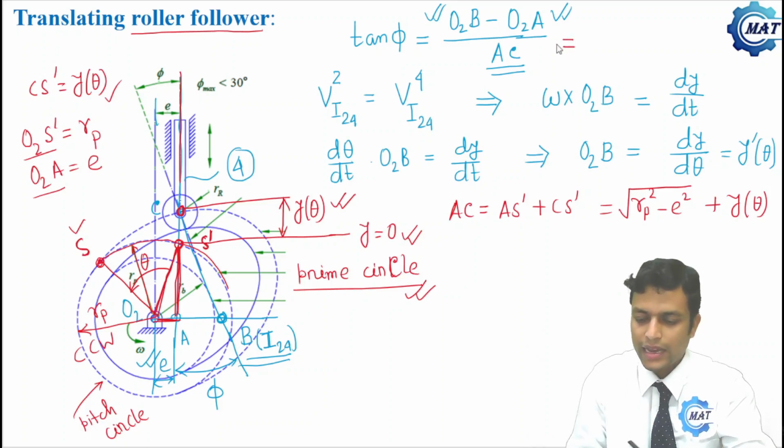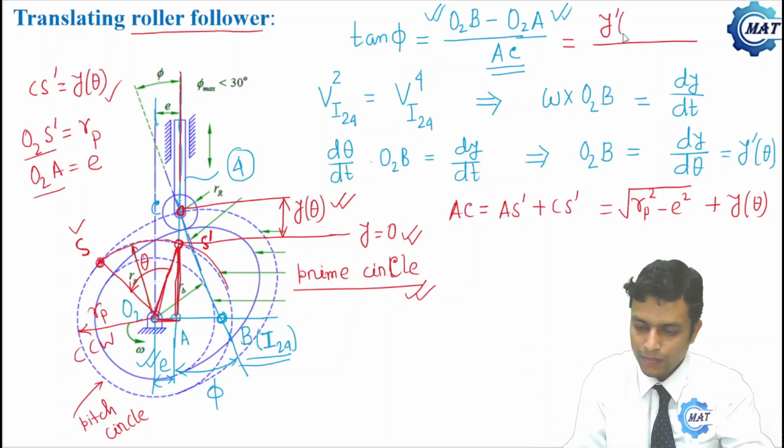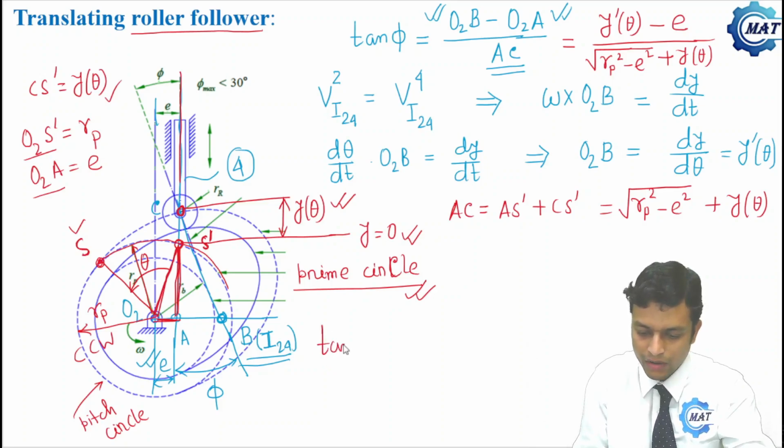So now we get all the values. Tan of phi, that is O2B over O2A, is y prime theta minus E, divided by root over RP square minus E square, plus y of theta. So we got the value of tan of phi.